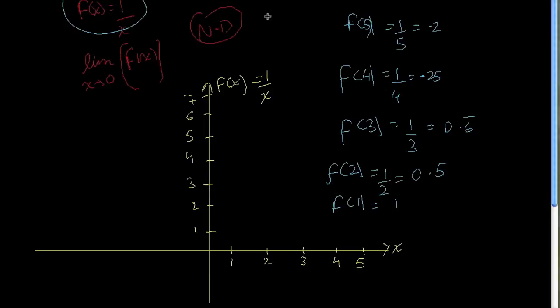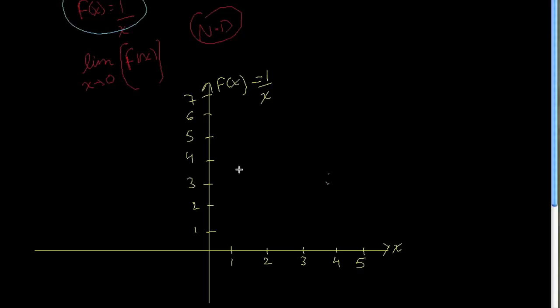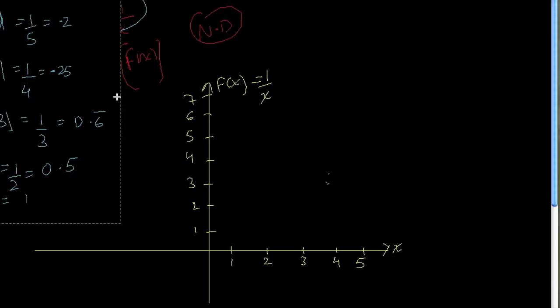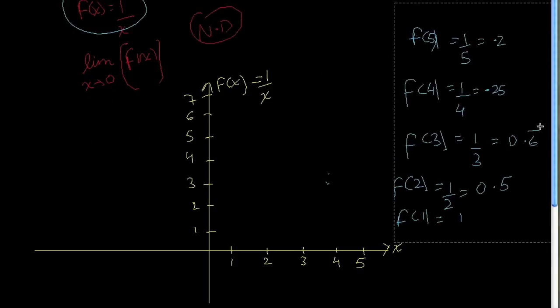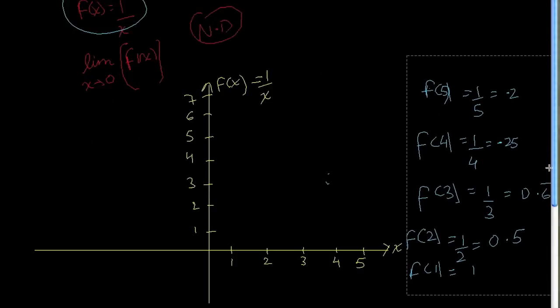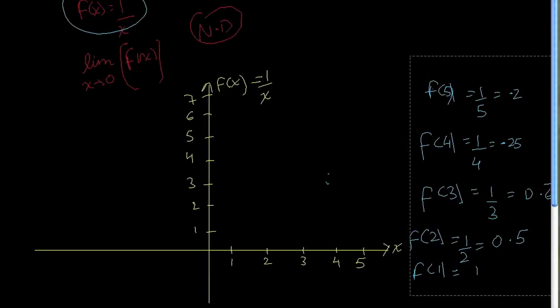So now let's try to put the values. If x is 5 right here, f of x is 0.2.